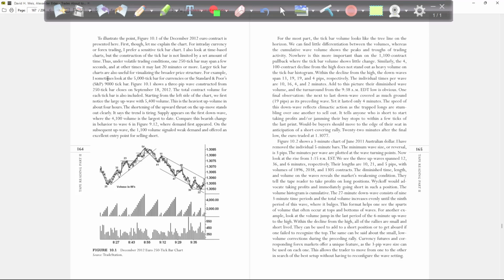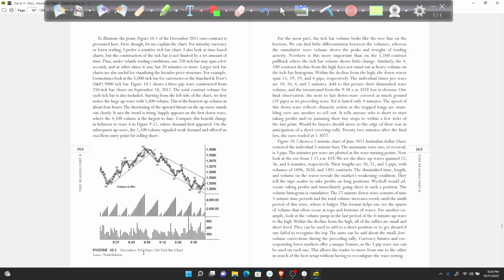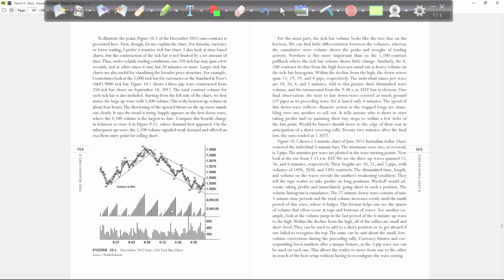Larger tick bar charts are also useful for visualizing the broader price structure. For example, I sometimes look at the 5000 tick bar for currencies and the 9000 tick bar for the Standard and Poor's S&P. Figure 10.1 shows a 3-peak wave constructed from 250 tick bar closes on September 18, 2012.